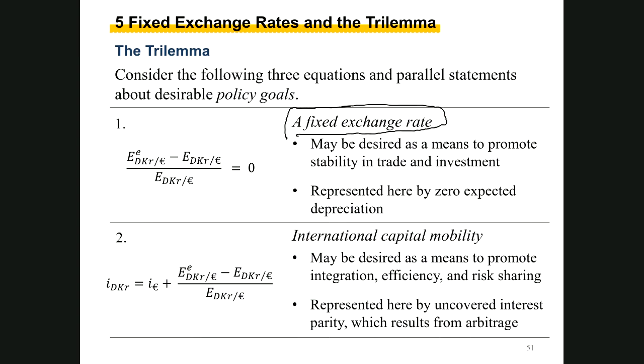This is a policy choice of the government. Some people believe that fixing is good because it provides stability in trade and investment. The exporters and importers won't need to be concerned about a lot of exchange rate risk.